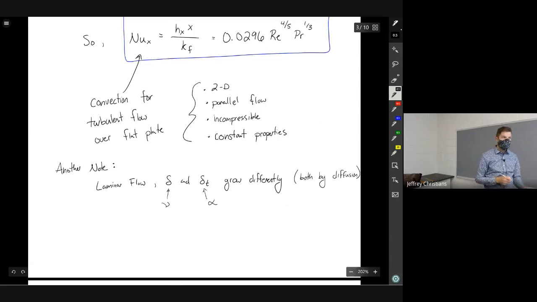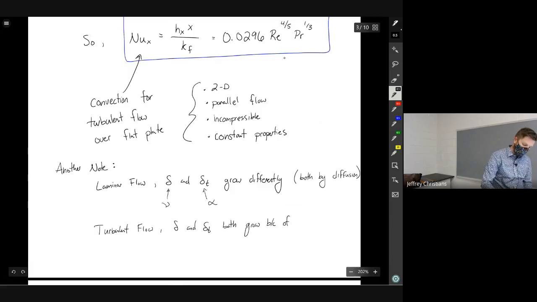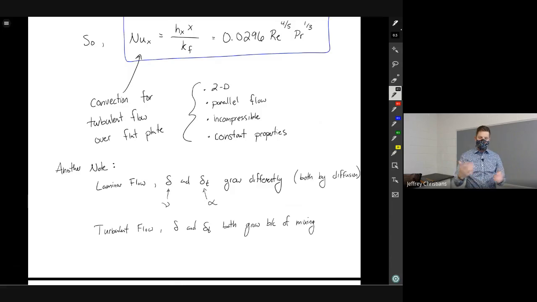This one is thermal diffusivity. For turbulent flow, both are growing because of mixing. So that's the dominant factor.